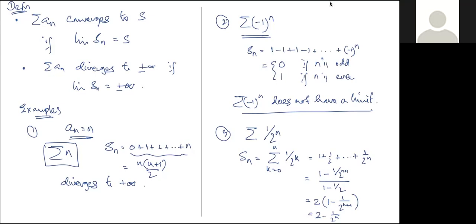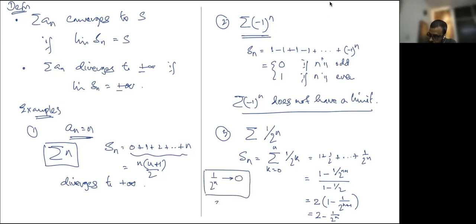Converges to 2. Right. Because 1 over 2 to the power n goes to 0. So Sn goes to 2. So this series converges to 2.